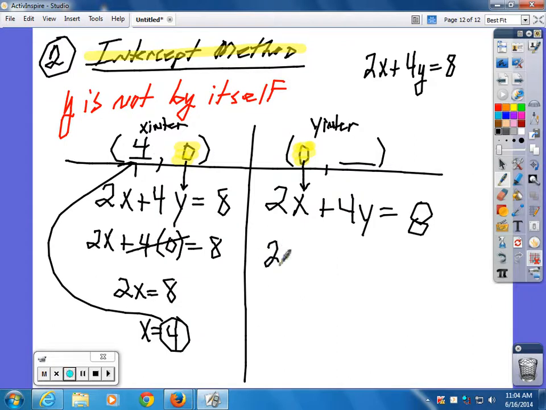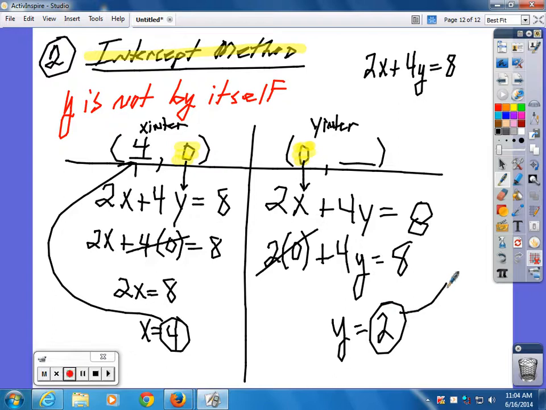Two times 0 plus 4y is equal to 8. And that 0 term goes out. What is y equal to? 2. And that 2 goes right there, and now you got 2 points to grab.